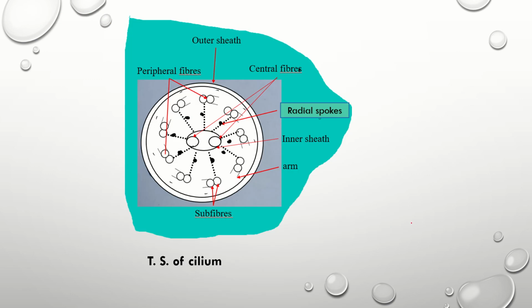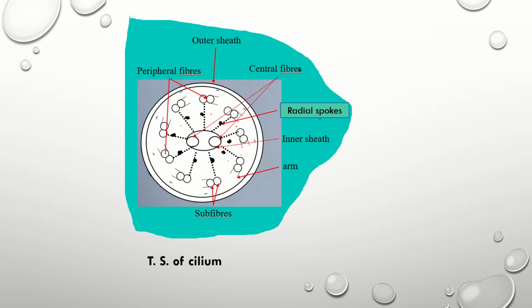Then, when we see the TS of cilia under the electron microscope, it shows that each cilium consists of a fundamental structure. It consists of a fluid matrix, the central area, called the matrix.